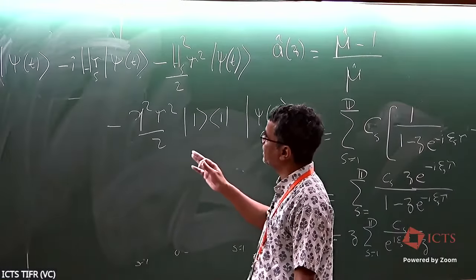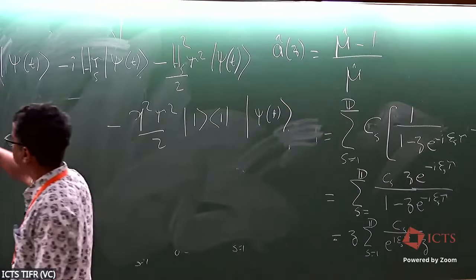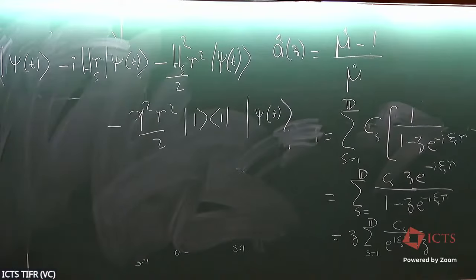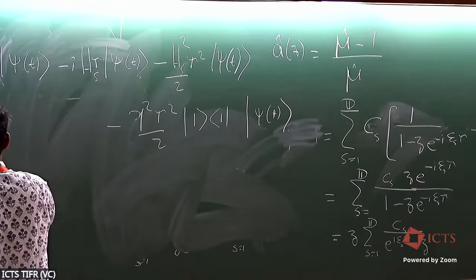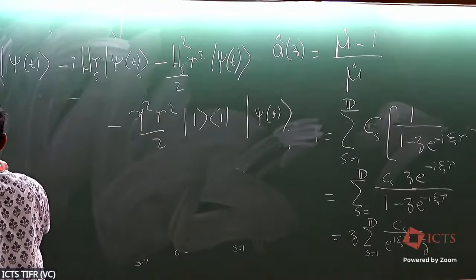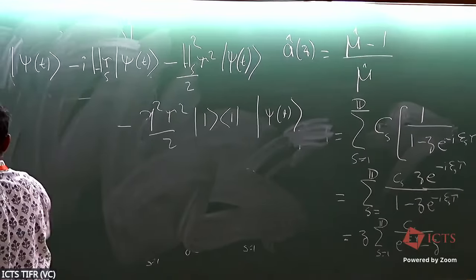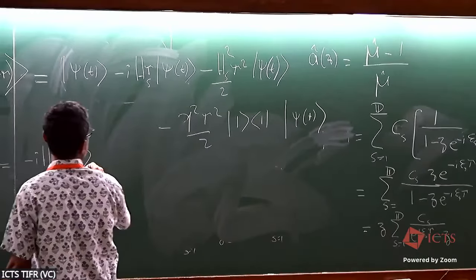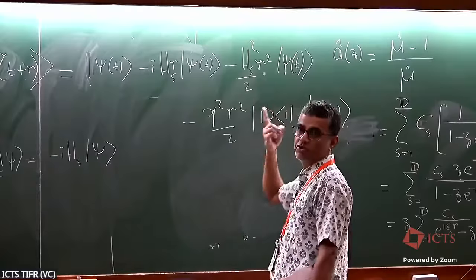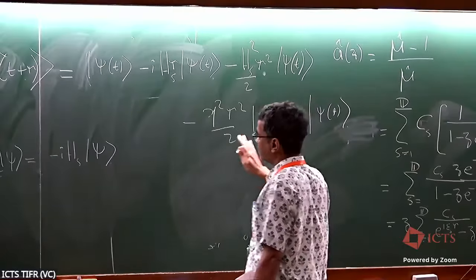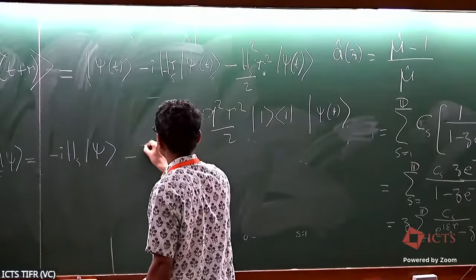Now if I take this and divide by tau, I get del t psi. This first term is all good. This term, if I divide by tau, goes away, and this term, let's keep it.